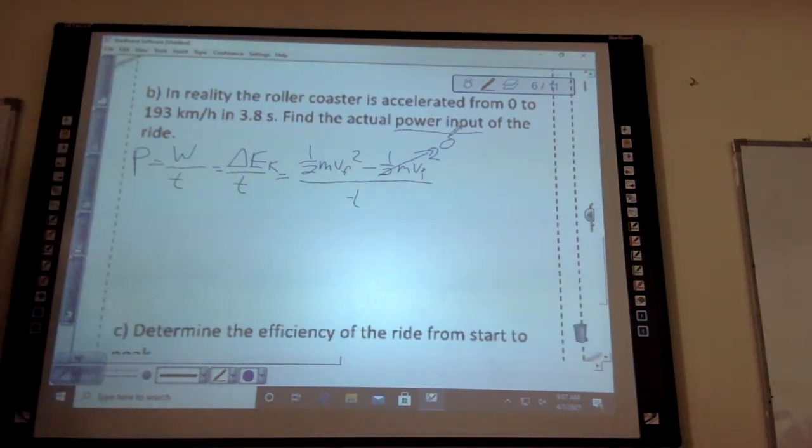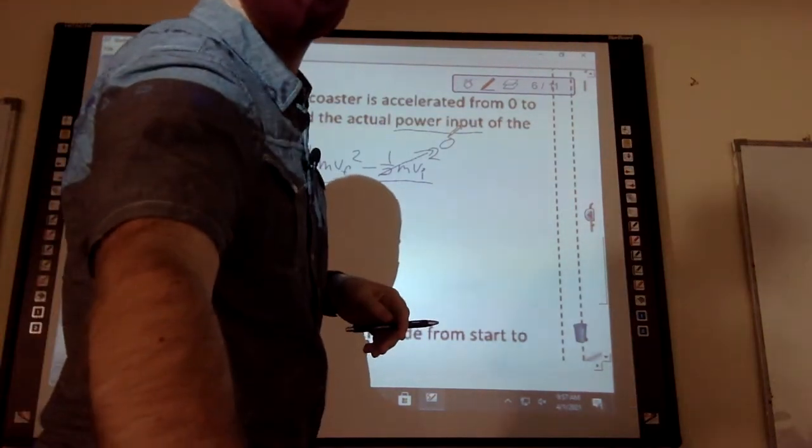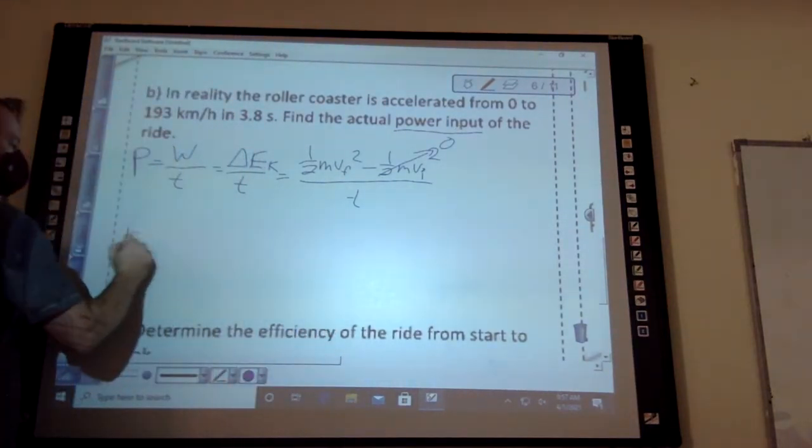You start from rest, so your initial velocity is 0. We have mass, yes, that's from the very beginning. We have the final velocity. We have time. You have to change kilometers per hour to meters per second. So first we need to take this.